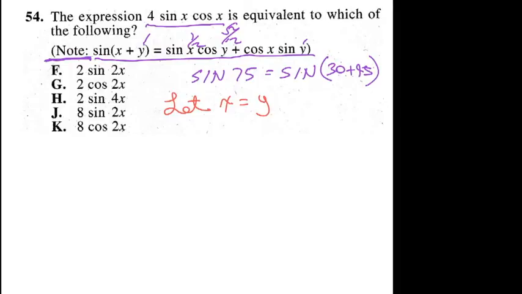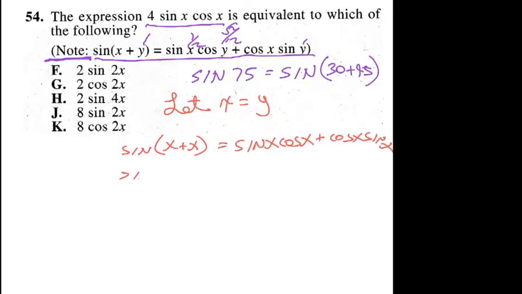So now what we have is the sine of x plus x is equal to the sine x cosine x plus cosine x sine x. Now that's actually the sine of 2x is equal to 2 sine x cosine x, because these are identical.